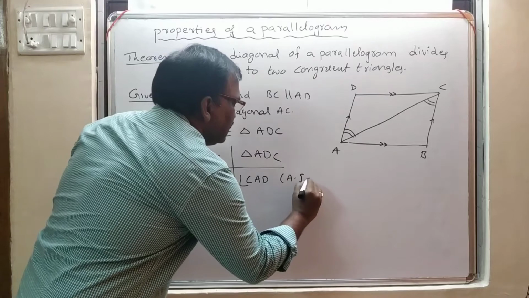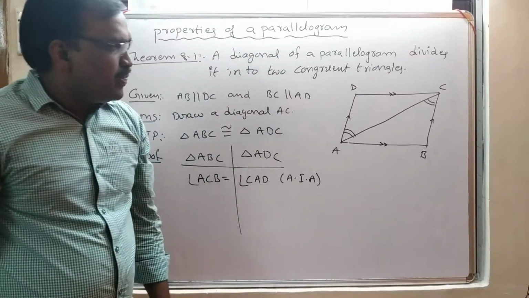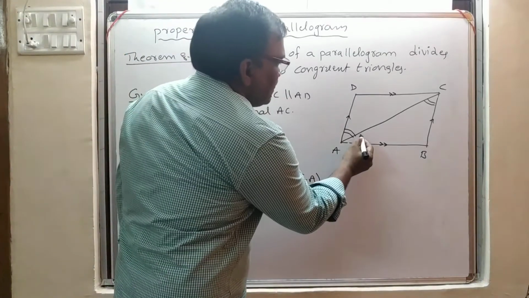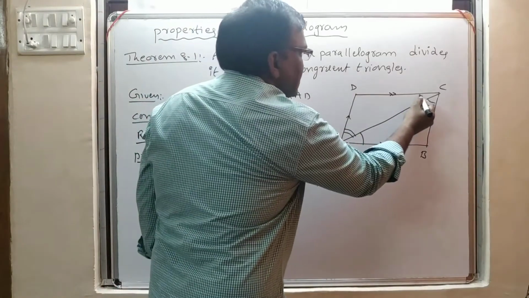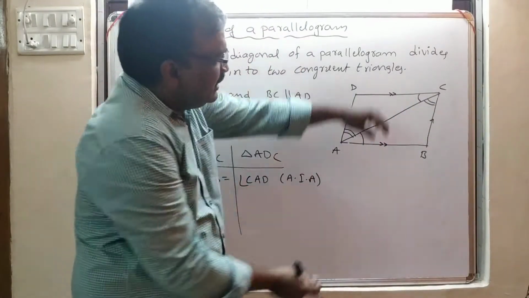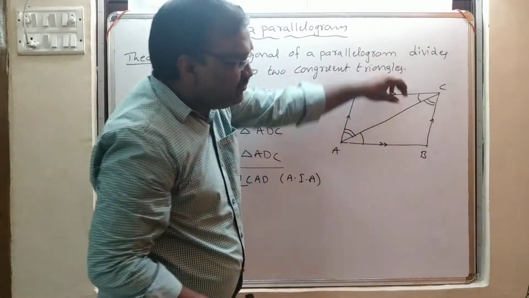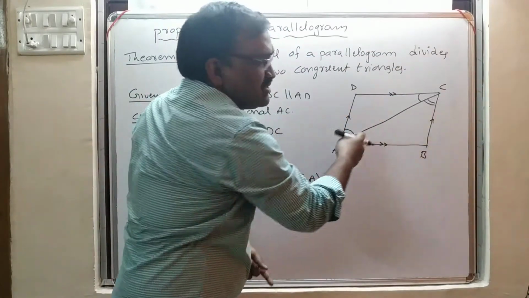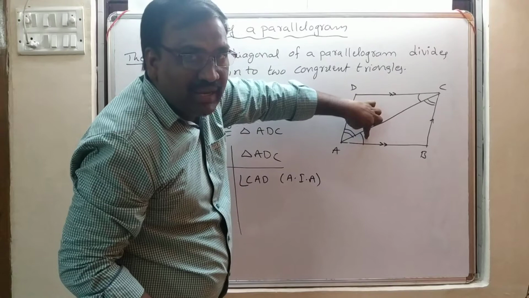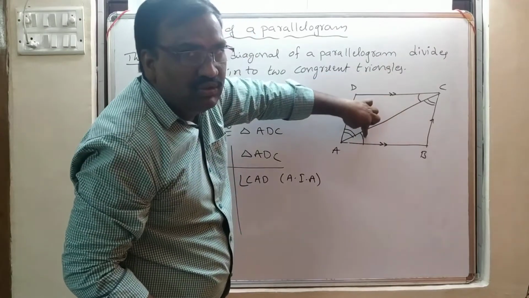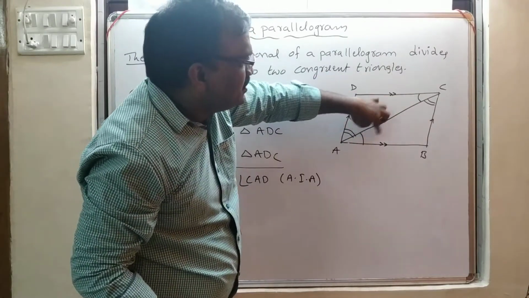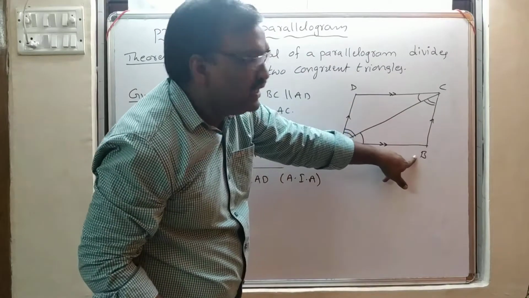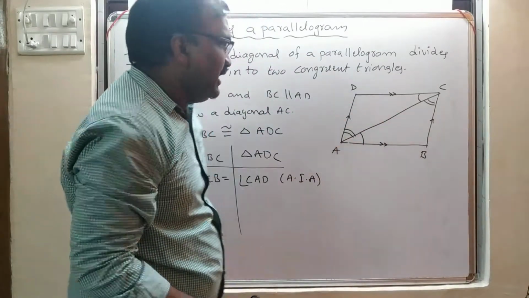Alternate interior angles. Next, observe this angle and this angle. AB is parallel to DC. Again, this is a transversal. What about these two angles? These two are also alternate interior angles. So angle CAB is equal to angle ACD.